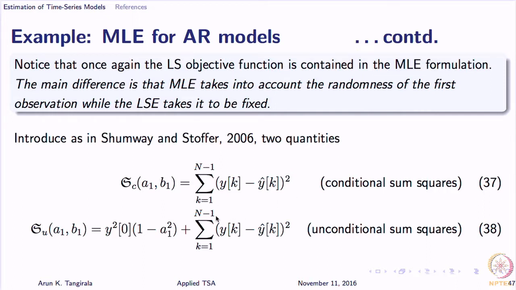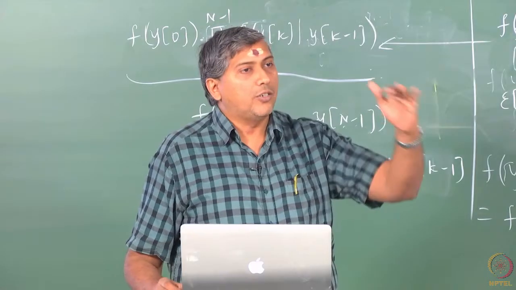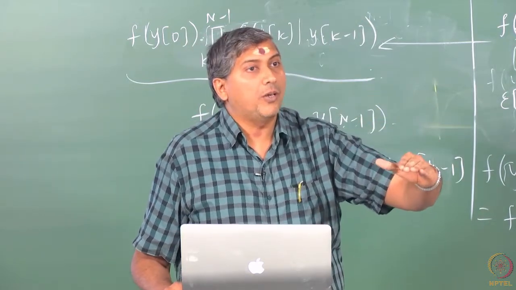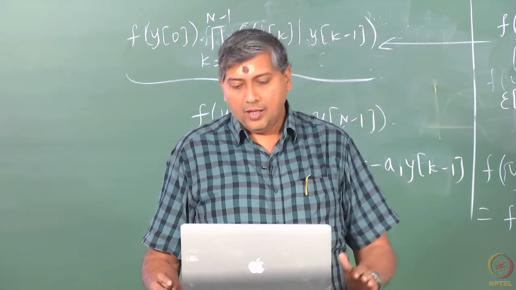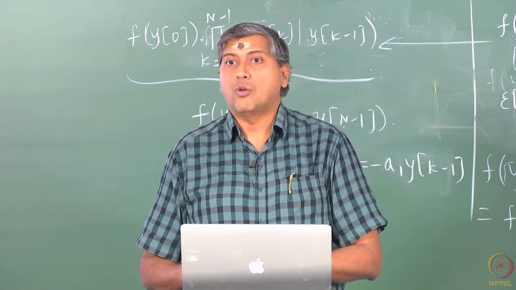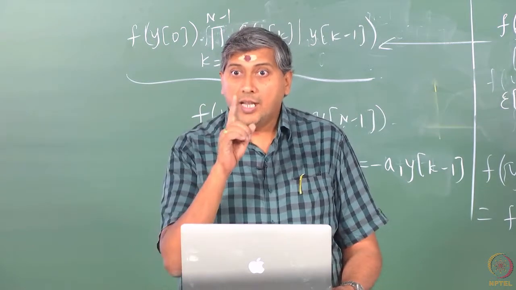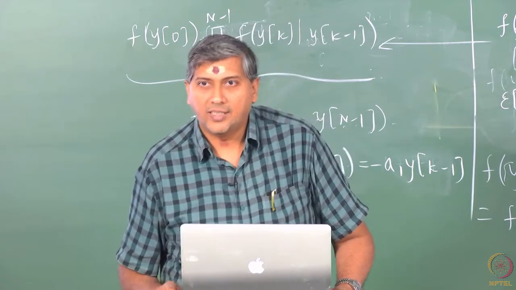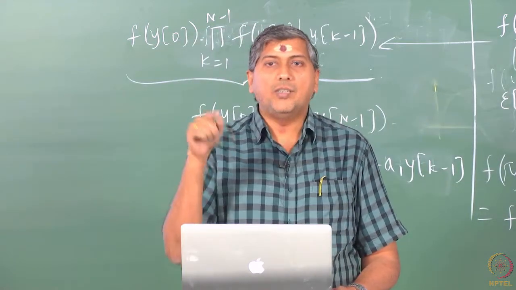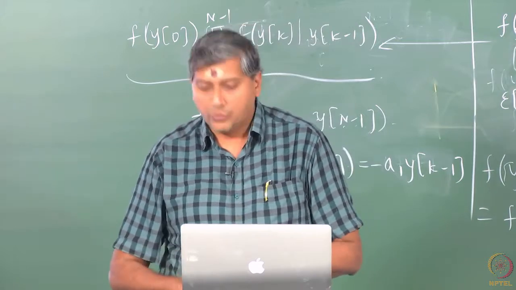Normally, the full MLE can be quite difficult to solve. This is a very simple AR1 problem, but in general, even if you were to set up MLE for ARMA and so on, you can show that there is a conditional sum squares, an unconditional sum squares part of MLE, and a full MLE. Sometimes the algorithms would like to solve the conditional sum squares. In ARIMA in R, there is an option which reads CSS, which stands for conditional sum squares.